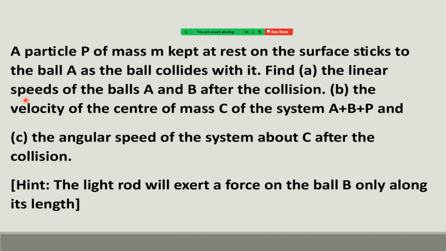Find the linear speeds of the balls A and B after the collision, the velocity of center of mass of the system A plus B plus P, and the angular speed of the system about C after the collision, omega. A hint is given here: the light rod will exert a force on the ball B only along its length.